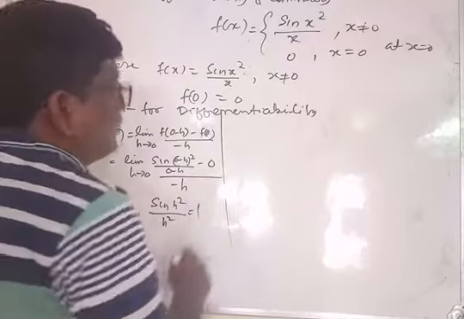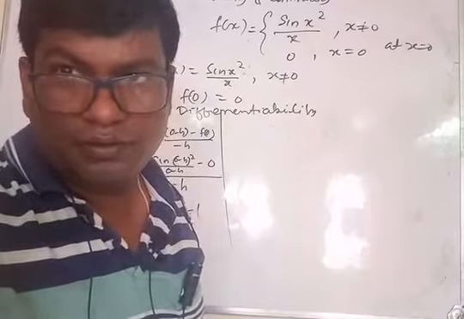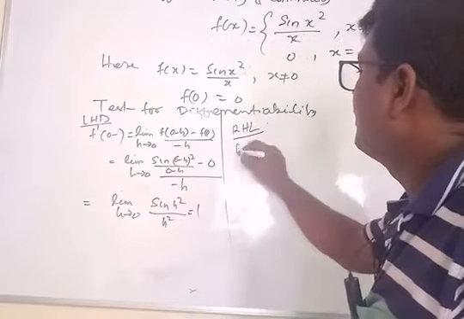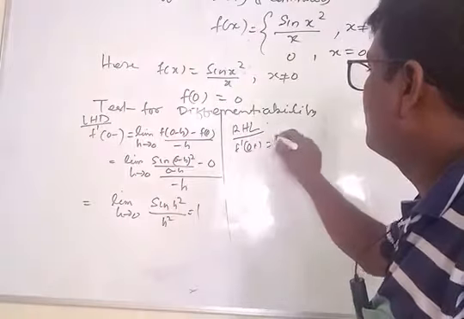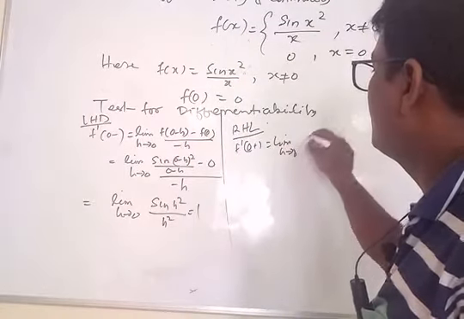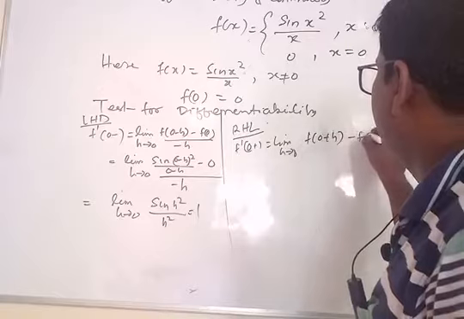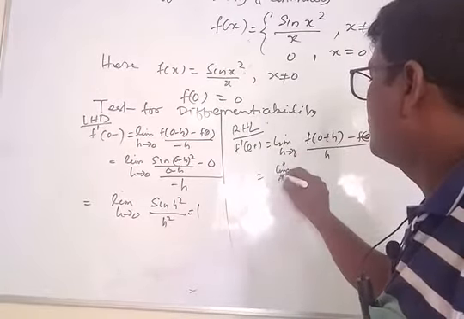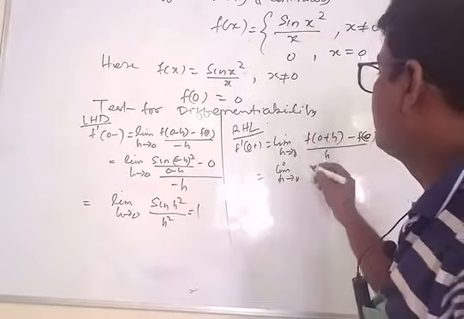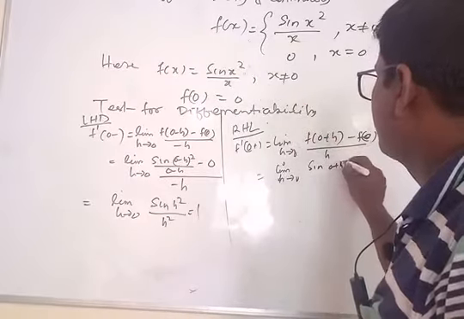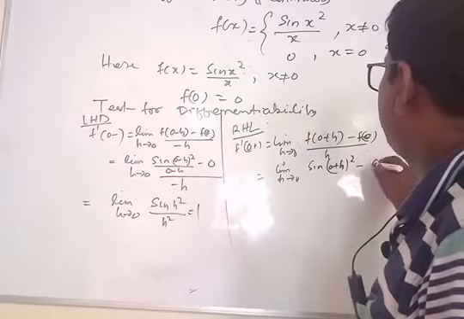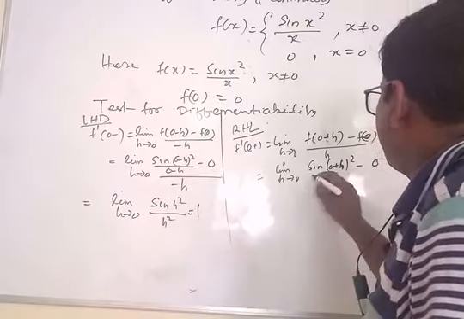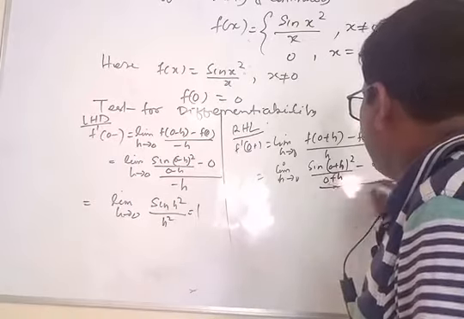Similarly, now RHD: f dash 0 plus is limit h tends to 0 of f of 0 plus h minus f of 0, divided by h. Put 0 plus h here: sin 0 plus h whole square, minus f of 0 which is 0, divided by 0 plus h, divided by h.